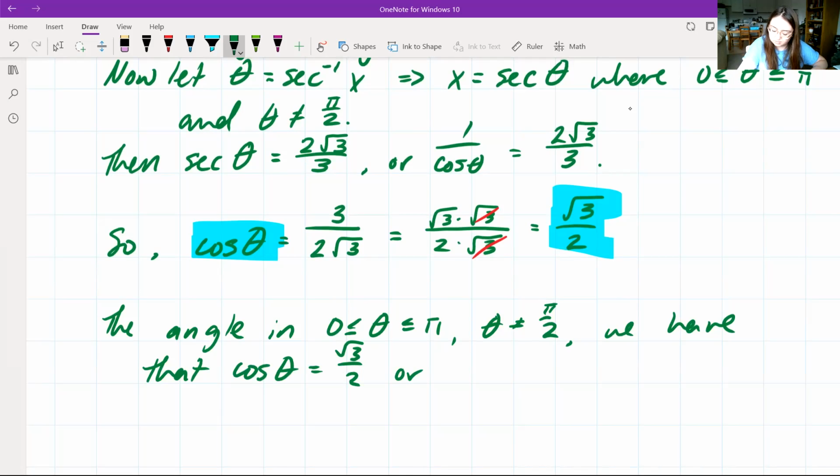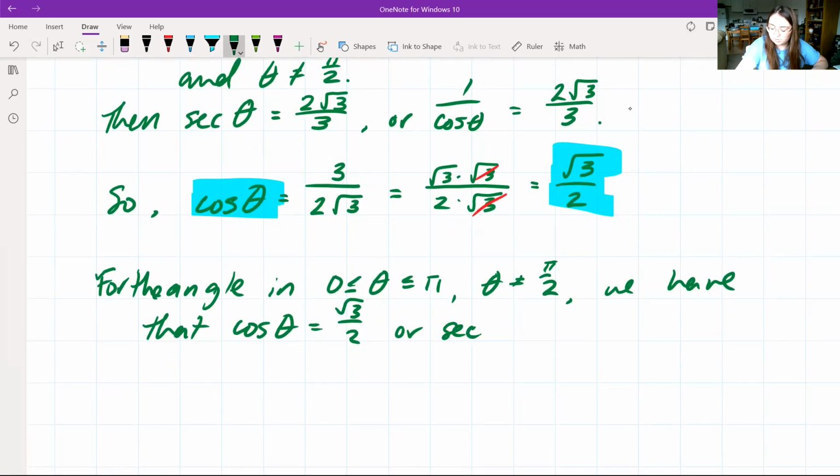Just realized I wrote that wrong. So for the angle, or secant inverse of 2 square root 3 over 3, we want to think about the values between 0 and pi. That would give us cosine of theta equal to the square root of 3 over 2.